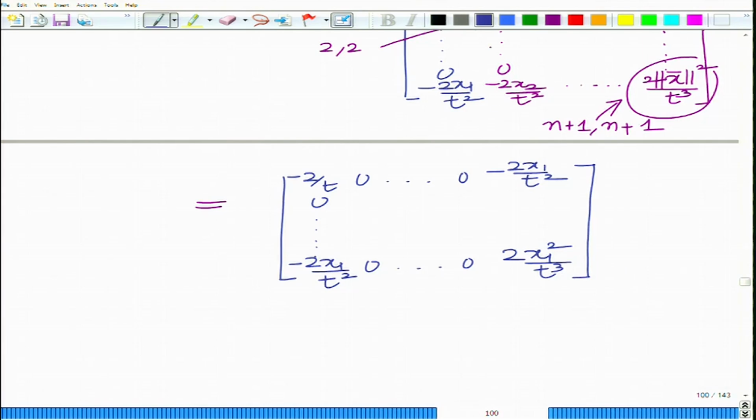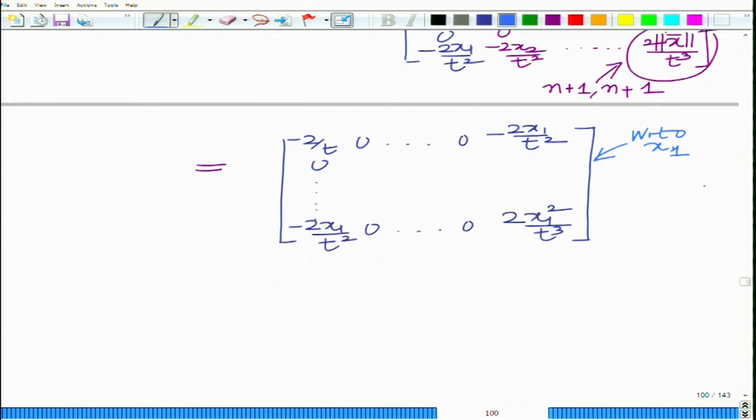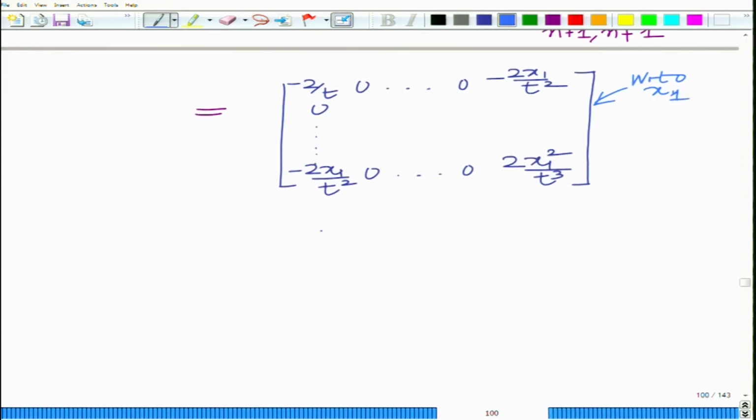Okay. So, you can think of this as corresponding to x1.